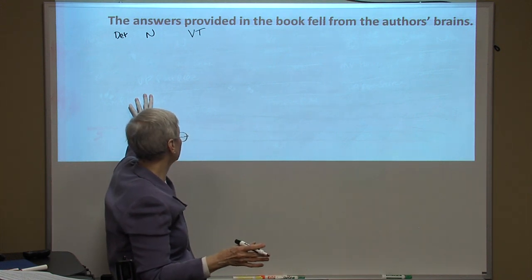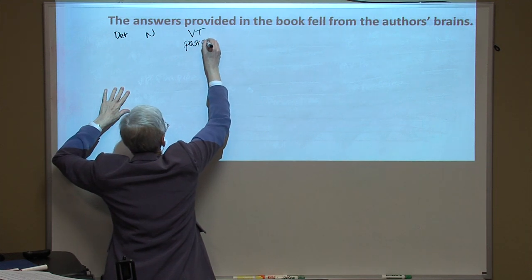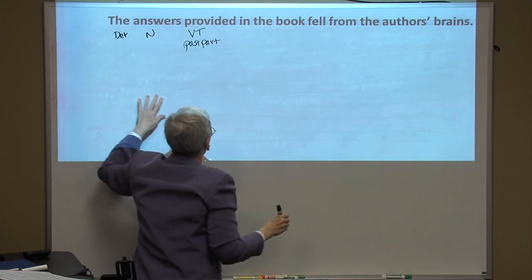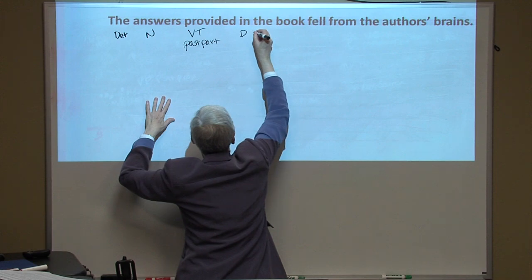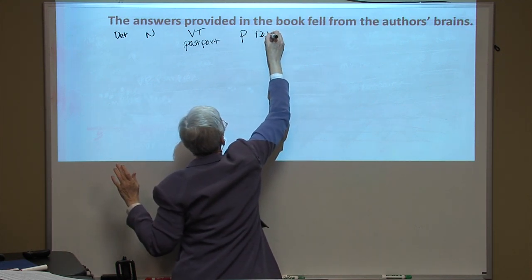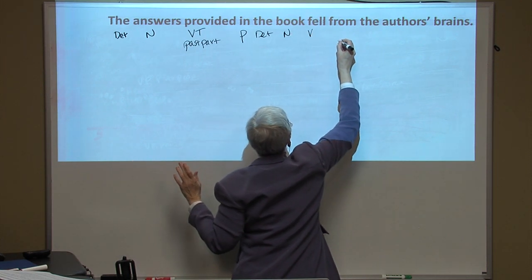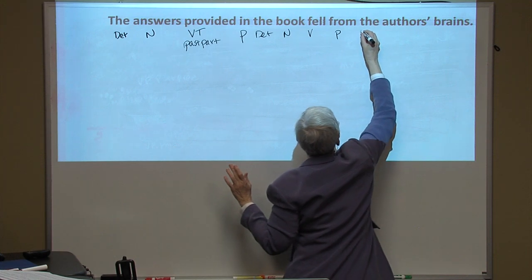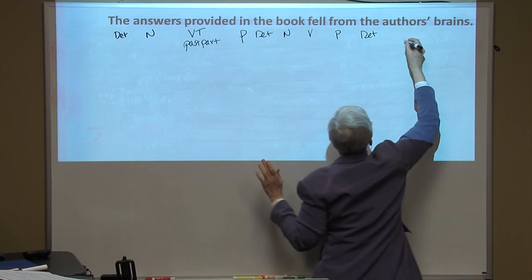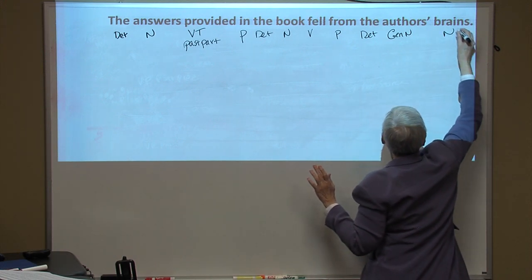This is a transitive verb, the past participle of a transitive verb. In is a determiner. No, it's a preposition. The is a determiner. Book is a noun. Fell is a verb. From, preposition. The, determiner. Author's, genitive noun. Brains, noun.